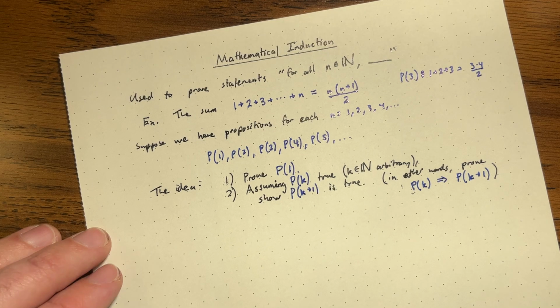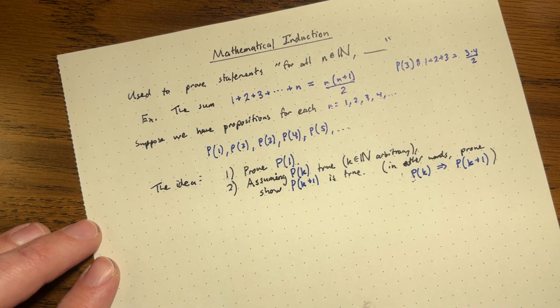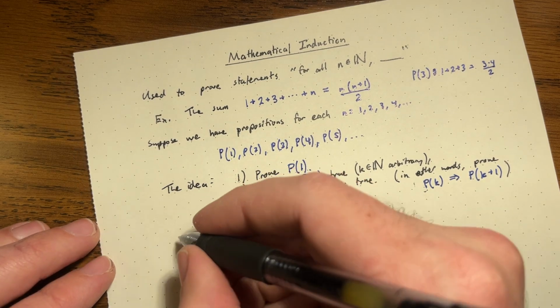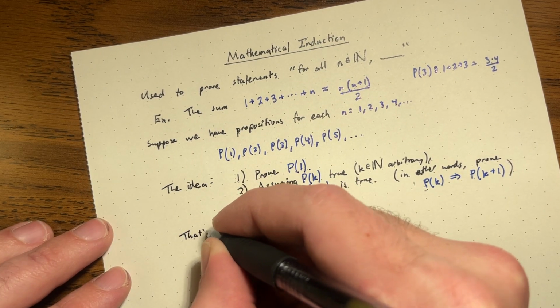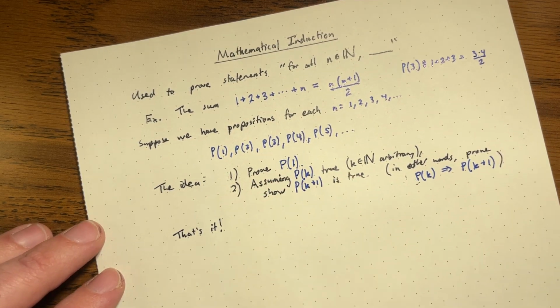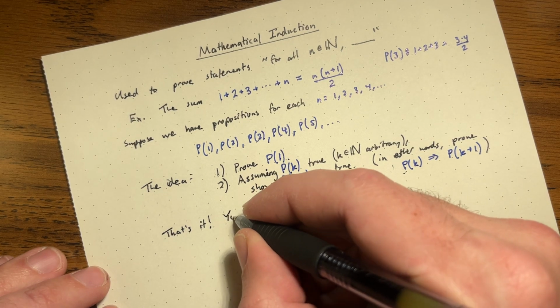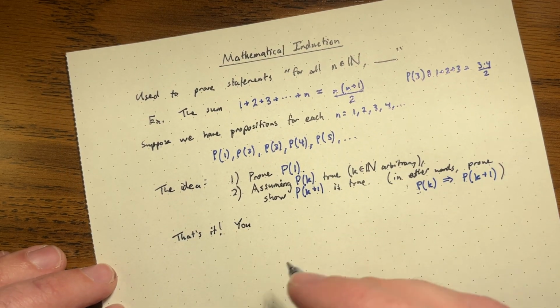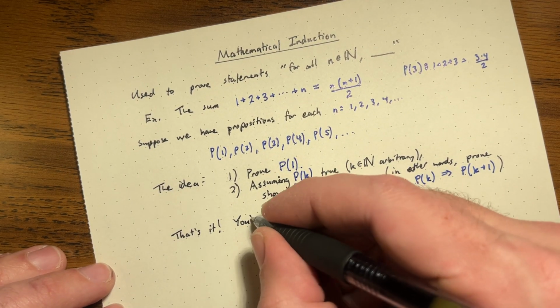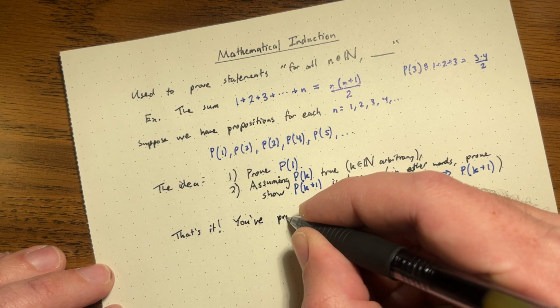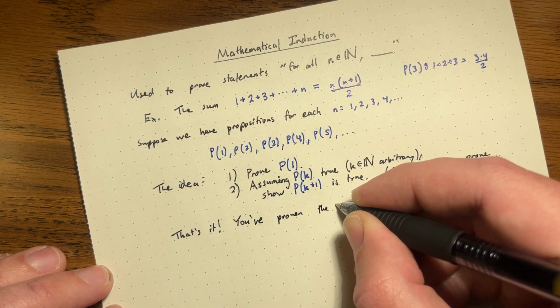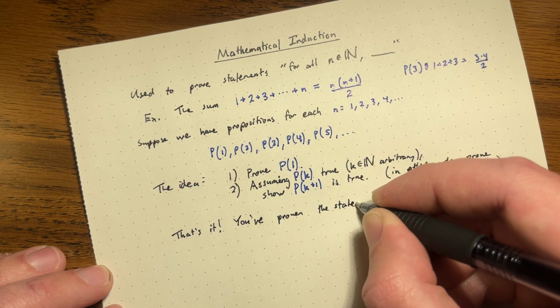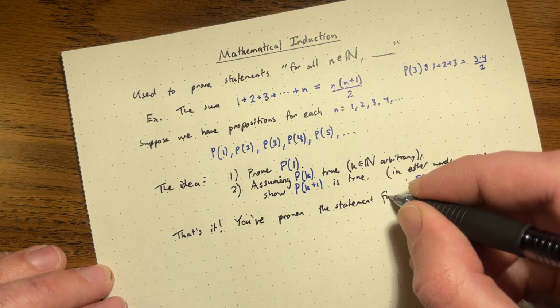So you prove that implication, and then I think there's a step 3, but actually that's it. So you're done. You've actually proven the statement for every natural number, all infinitely many of them. You've proven the statement for all natural numbers.